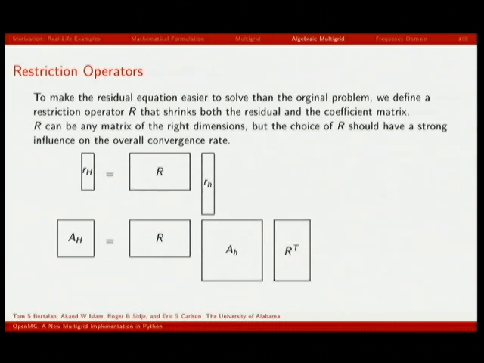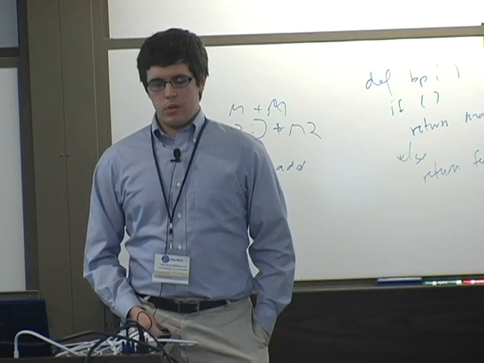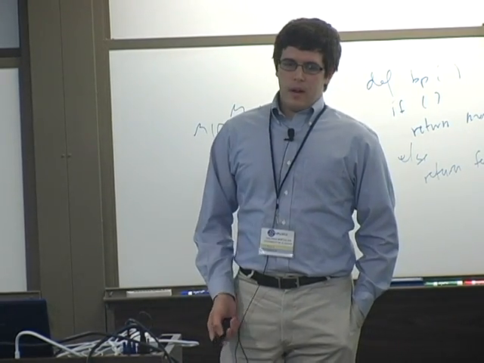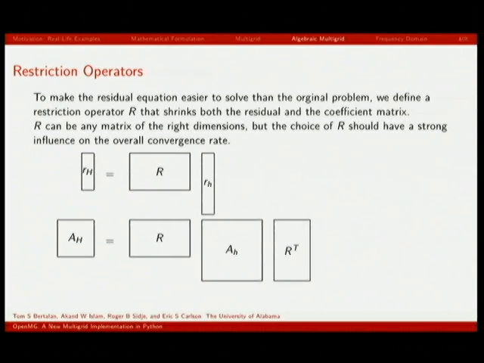By multiplying by this non-square matrix, you get a shorter residual, which is actually the right-hand side of the coarse equation. Or by multiplying and then post-multiplying this restriction matrix by your original operator, you actually generate, without having to do any kind of rediscretization, an operator at the coarse level, which is at the smaller resolution. So you see we've gone here, well, it looks like it in the picture, from like 2 to 1 times the size of the domain.